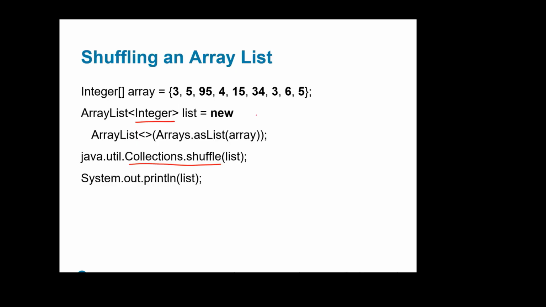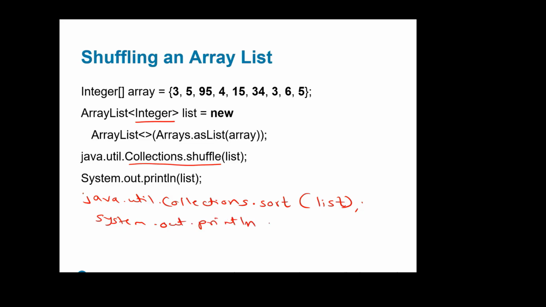And similarly, if we want to sort this list, we can say java.util.Collections. So from the Collections class, we can import or use the functions to sort. And if we pass the integer list to this, it will sort the list. And now if you print System.out.print list after sort, if you print the list, it will be in sorted order.